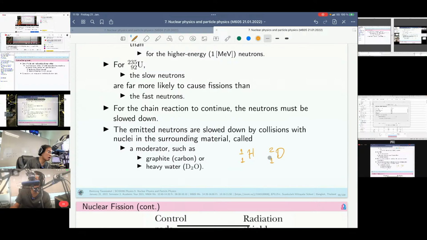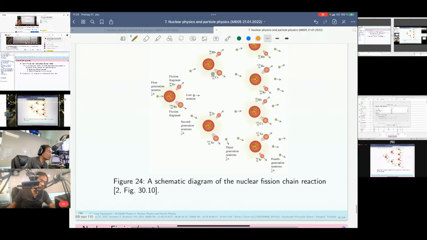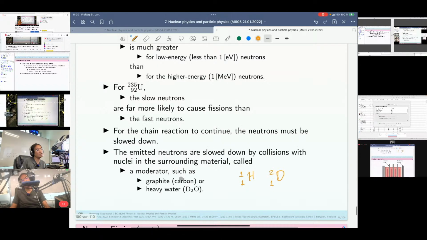Because the nucleus is bigger, it can absorb somehow the speed of the high-speed neutron, so that we could control the energy of the neutron, so that the neutron will be useful for the next round of fission together with the uranium-235. The structure of the moderator could be somehow like this.